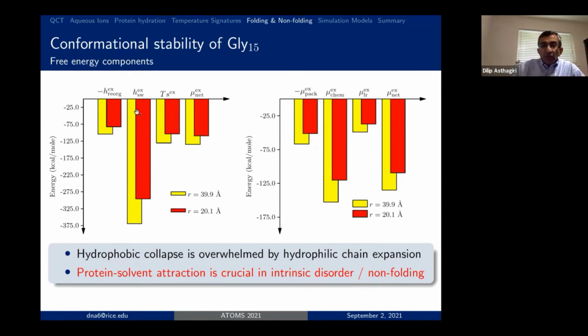So the hydrophobic collapse mechanism, which was thought to collapse the structure, is really not what is happening; instead, the collapse is coming directly from intramolecular interactions. The other insight from this is that protein-solvent attraction has to be acknowledged in understanding intrinsic disorder.